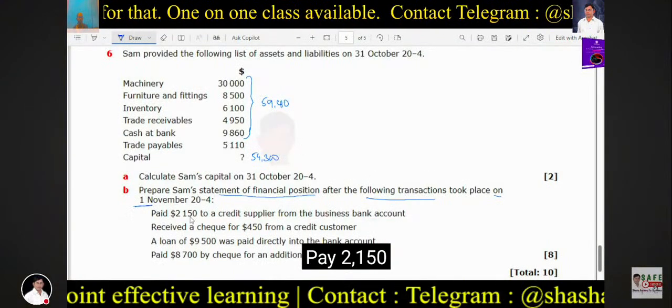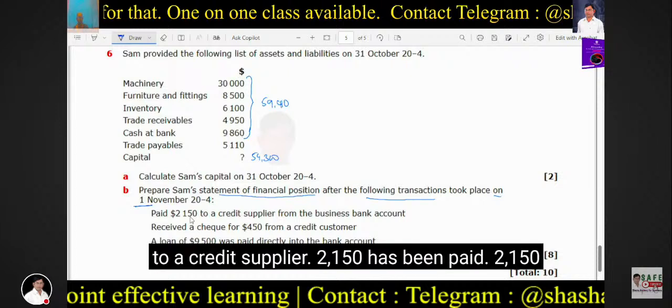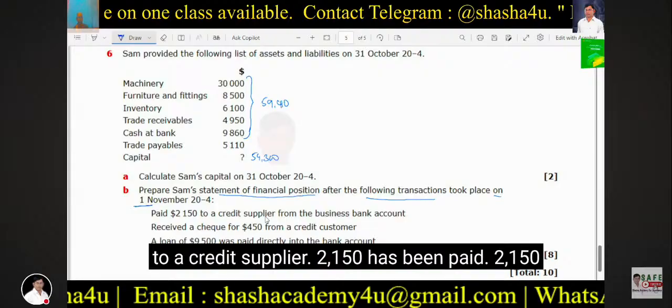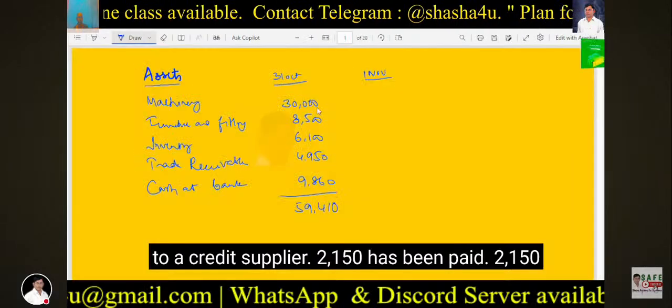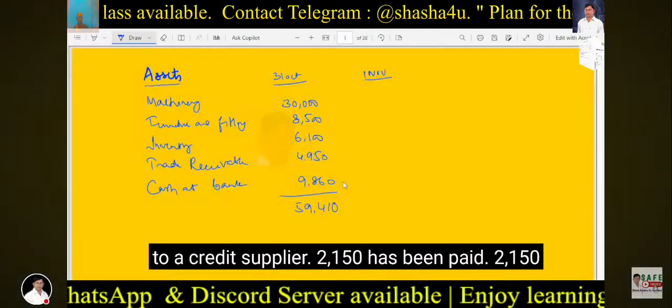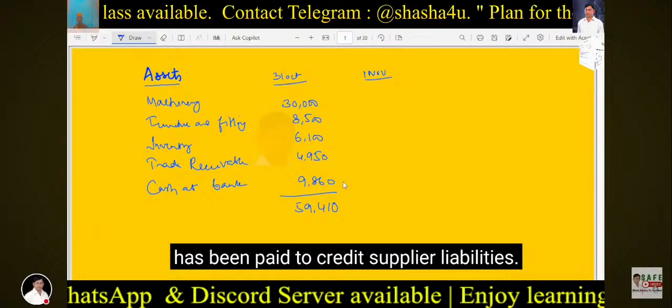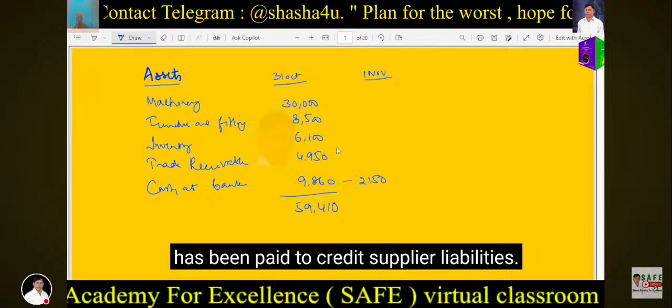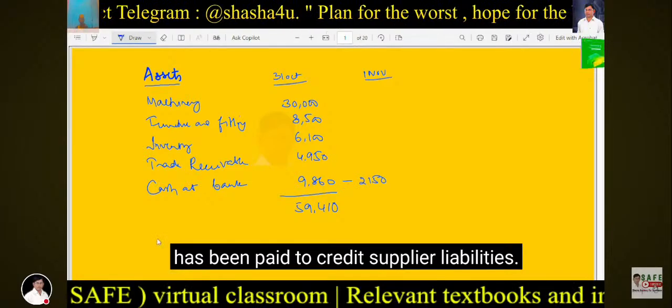Pay 2,150 to a credit supplier. 2,150 has been paid to the credit supplier, so liabilities change.